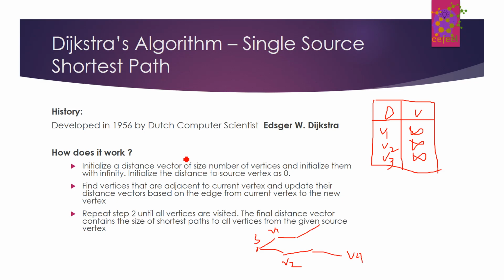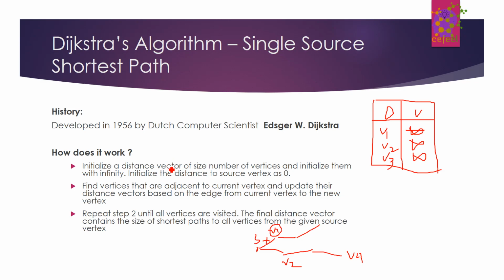As it explores new vertices, in the first step it will explore v1, and it will update the distance based on the current distance vector and what it has found so far. So if it sees that the current distance of v1 is, let's say, x, it will add x to the previous distance of S, which is 0.